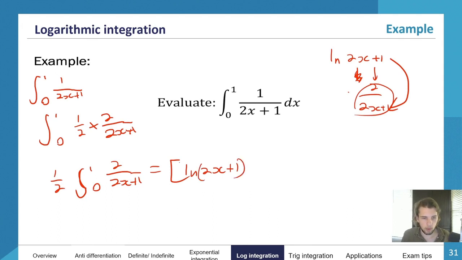And we can't forget our 1/2 as well. So we have 1 over 2 ln(2 plus 1) minus 1 over 2 ln 1, because our 2x becomes 0.